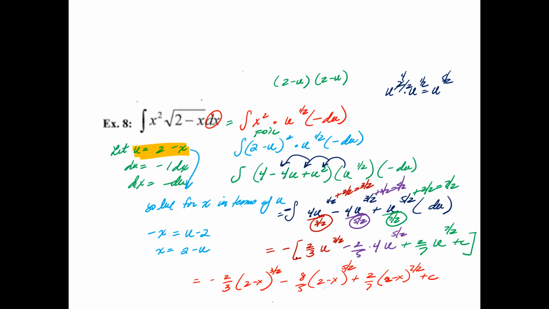And that 2/7 should be a negative because of this negative, and then minus c. Ooh, that was a long example.